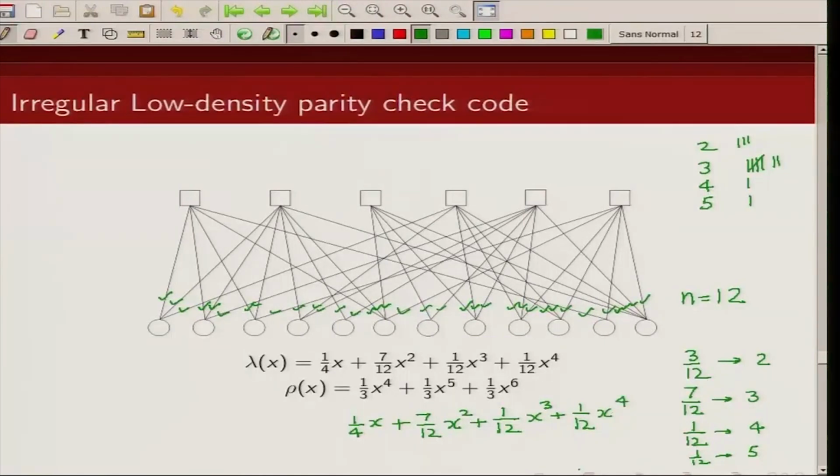So, this is the column degree distribution for an LDPC code which is described by this Tanner graph.